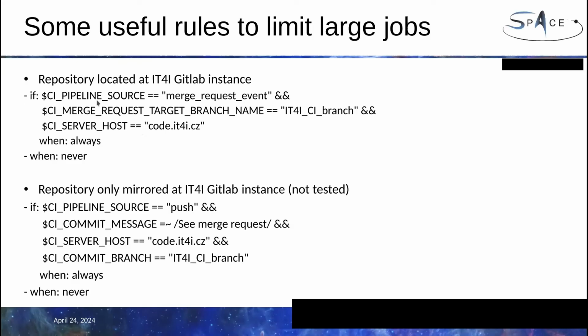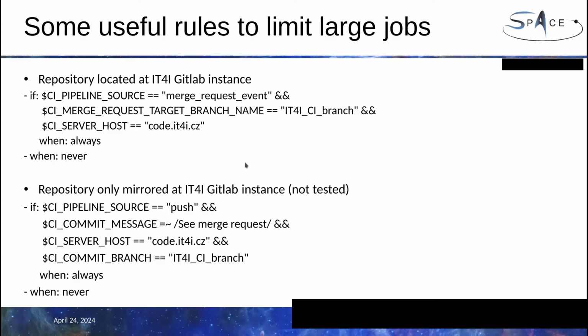These are some predefined CI/CD variables. You can read about them. There are lots and lots of variables predefined for you, so you can put them together in various ways to create different rules and different scenarios. This first rule only applies for merge requests.